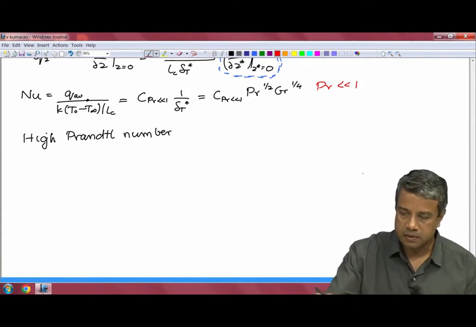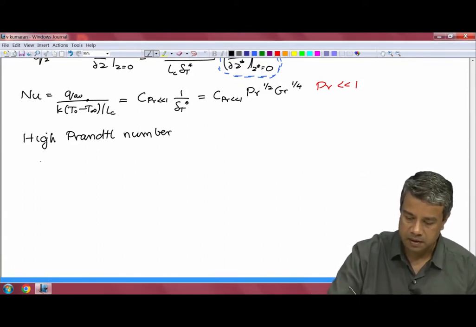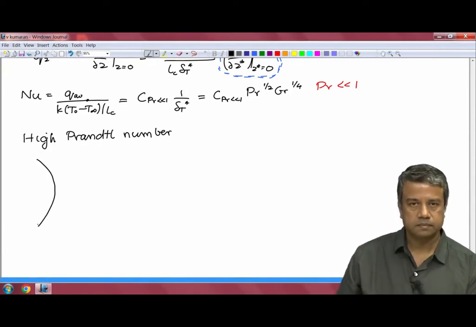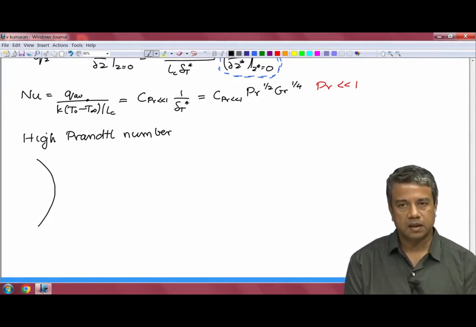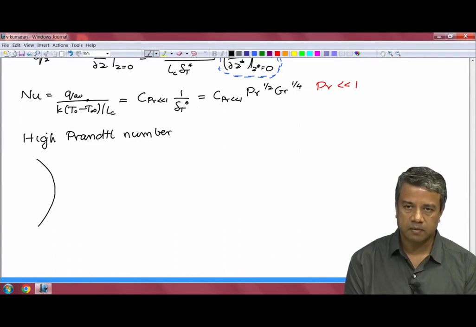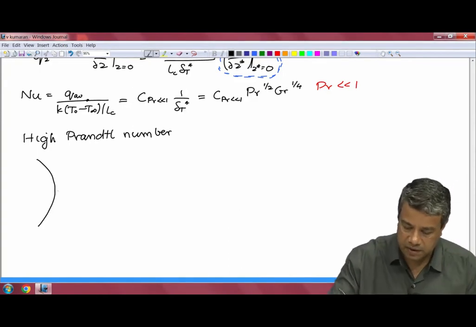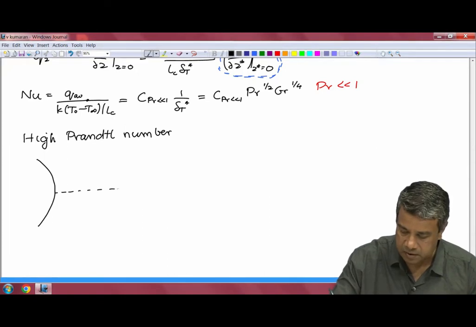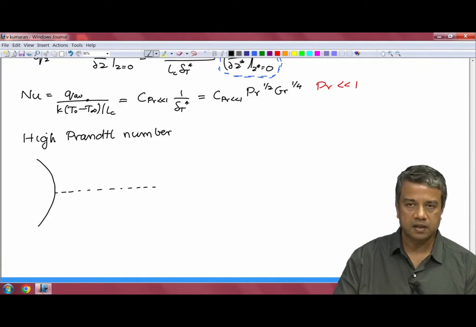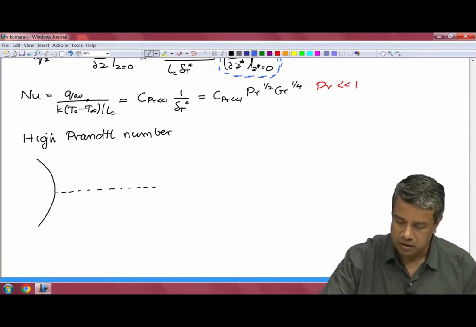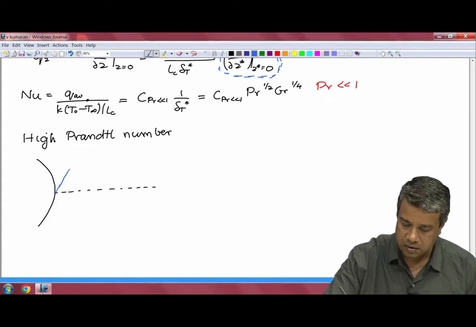The other limit that we were considering was the high Prandtl number limit. Prandtl number is the ratio of momentum diffusion and thermal diffusion. In the limit of high Prandtl number, momentum diffusion is fast compared to thermal diffusion, and therefore, in the limit of high Grashof number and high Prandtl number, you would expect the boundary layer thickness for the fluid velocity field to be much larger than the thermal boundary layer thickness.